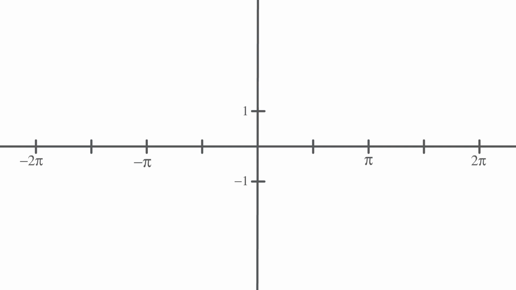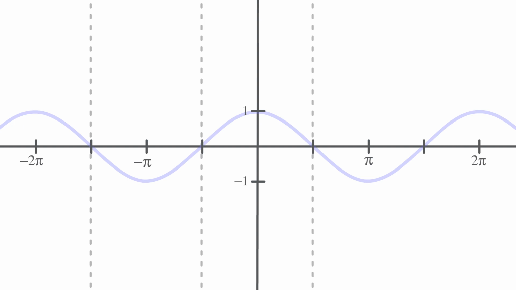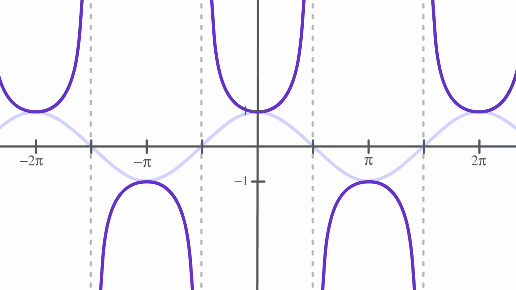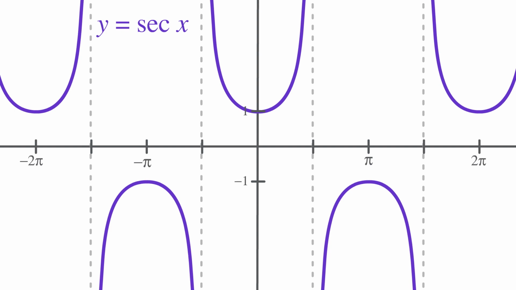Here's one way to draw secant by hand. Lightly draw the cosine curve, draw vertical asymptotes at its x-intercepts, and then draw the U-shapes between the asymptotes so that they just bump up against the high and low spots of the cosine wave. And then erase the cosine graph.